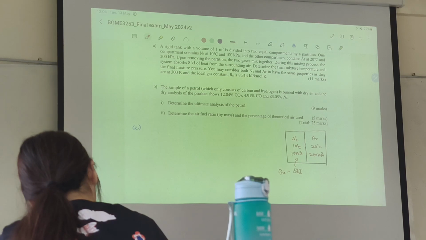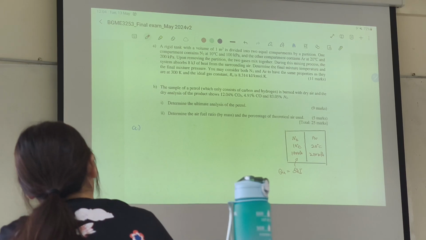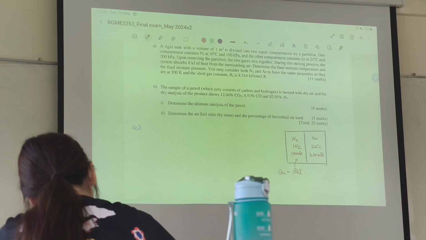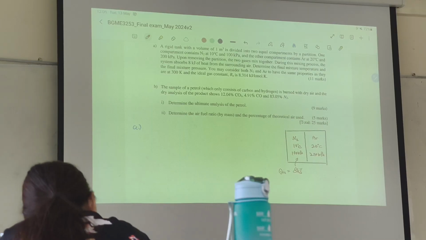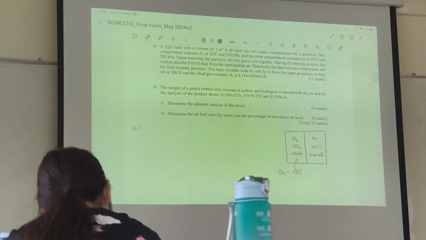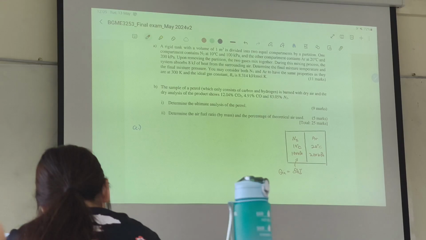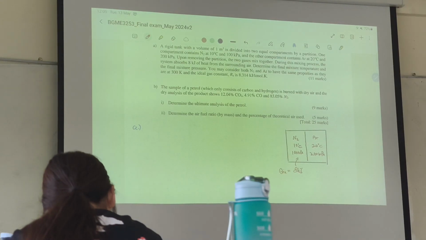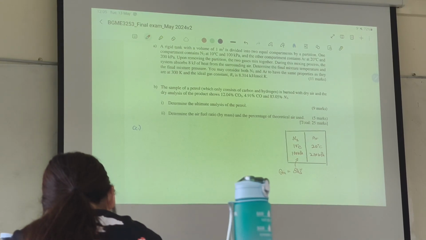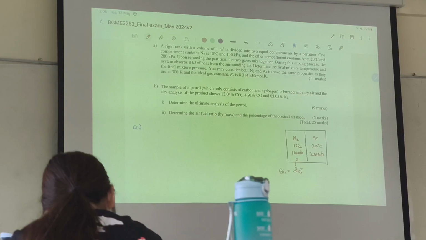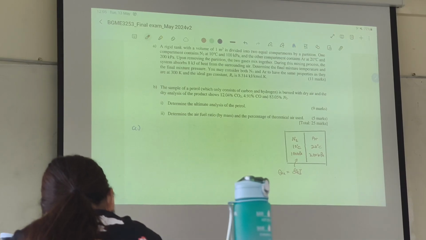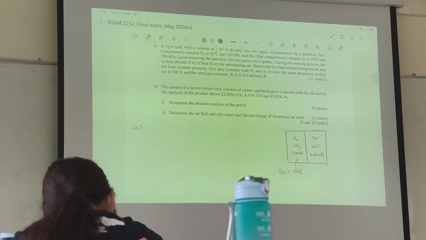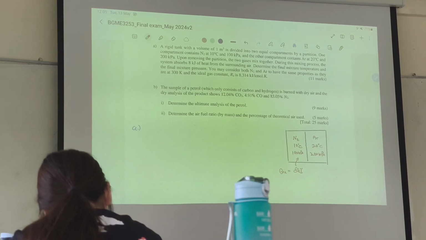Okay, so what do we need to do first? What can we do first? Find the mass.